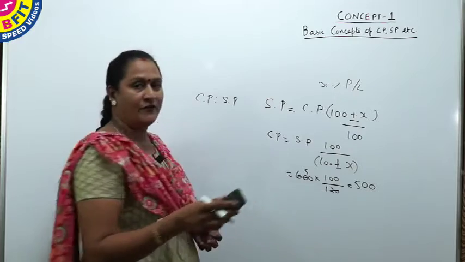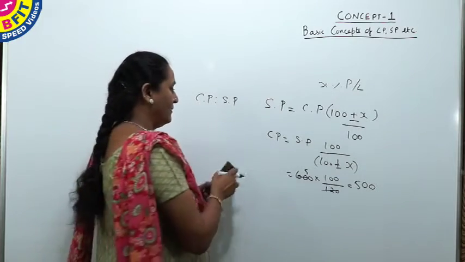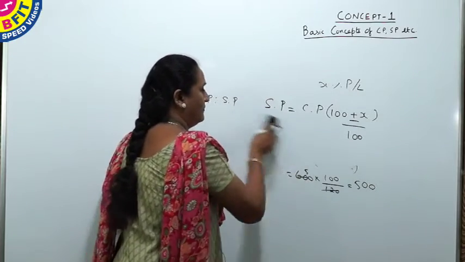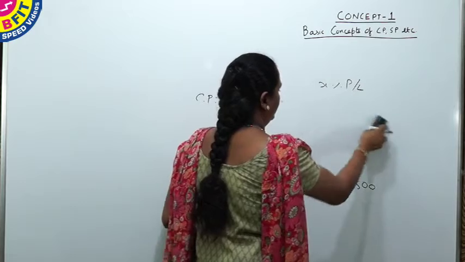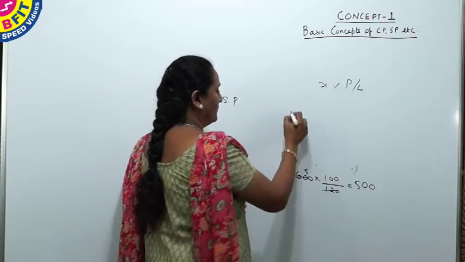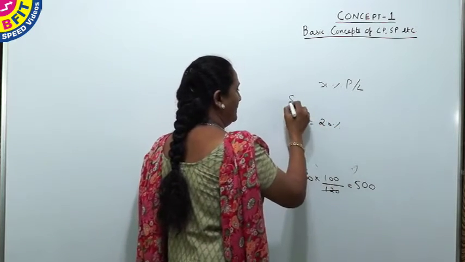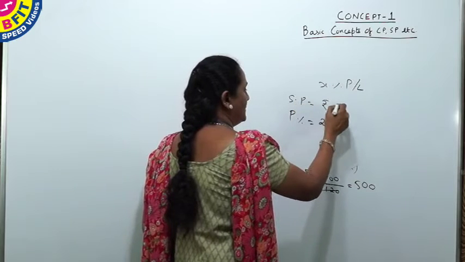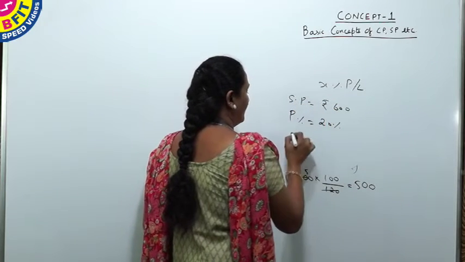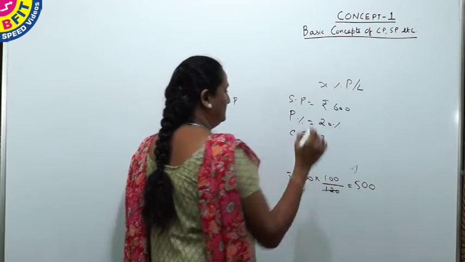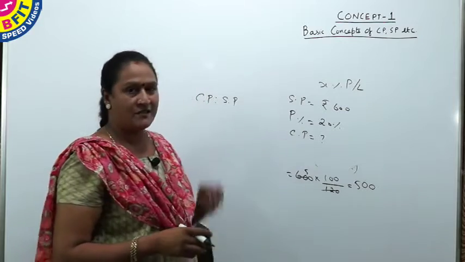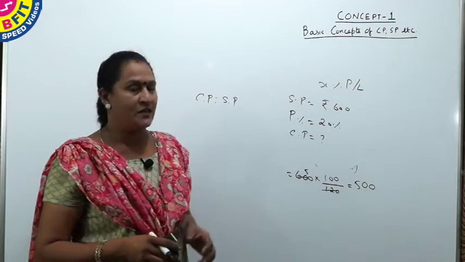What is the profit percent? Profit percent 20, selling price rupees 600 and cost price was asked. Whenever the base is asked, ratios will be much easier to work out.